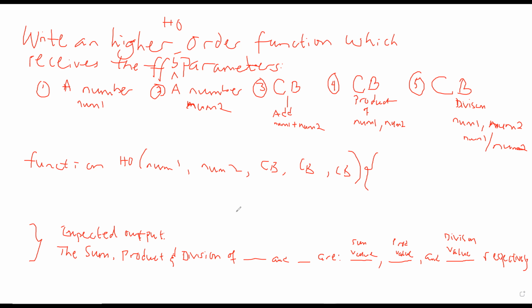So write a higher order function which receives the following five parameters: number one, number two, then the three callbacks, as you can see here. You are going to write code for this callback, this callback, and this callback.